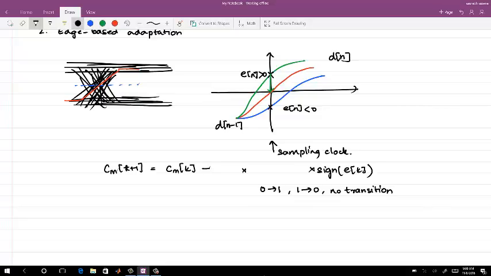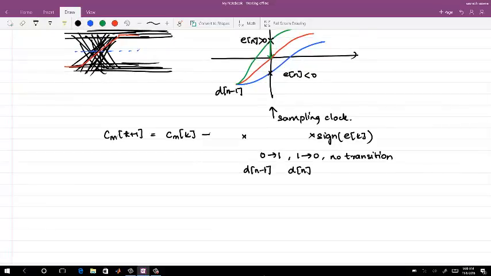So what can you suggest I can use here to make an update in the coefficient? Let's say I have d of n minus 1 and d of n both with me. Let's write the bit symbols as minus 1 and plus 1 in place of 0 and 1.